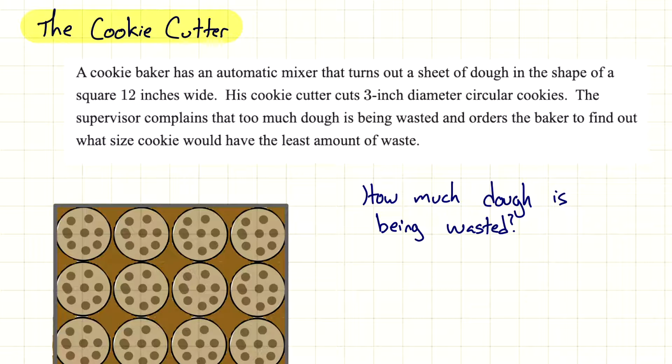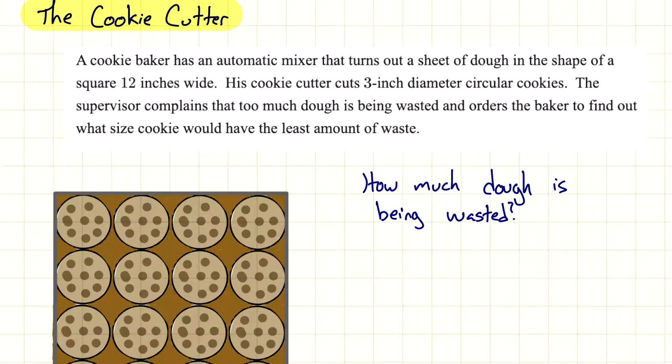His cookie cutter, his actual tool that he uses to cut cookies, is a 3-inch diameter circular cookie cutter. So the supervisor complains that too much dough is being wasted and orders the baker to find out what size cookie would have the least amount of waste.